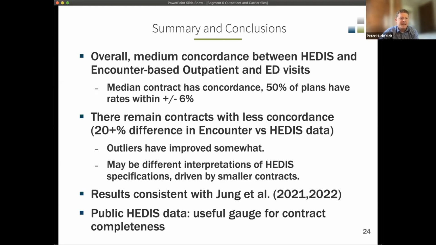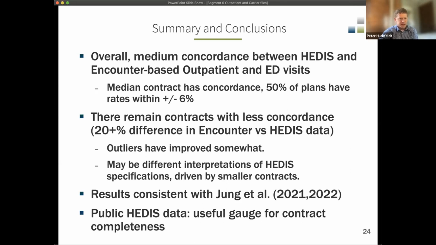And I think these contracts where there isn't concordance could be reflecting different interpretations of HEDIS specifications across plans. One thing is that this could be driven by smaller contracts, and that's maybe something we should incorporate into our future analyses.